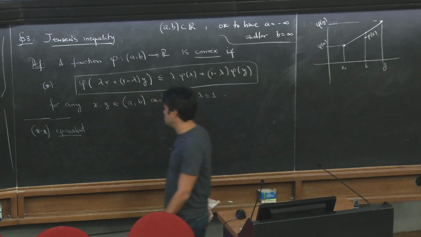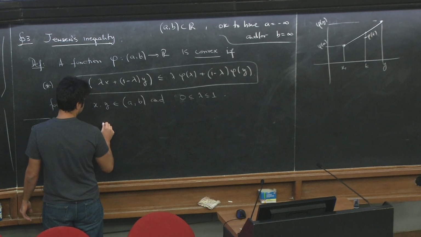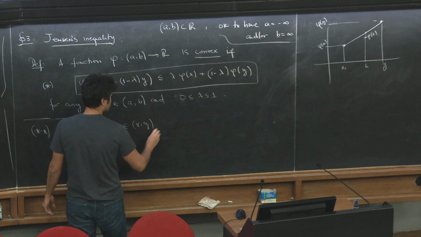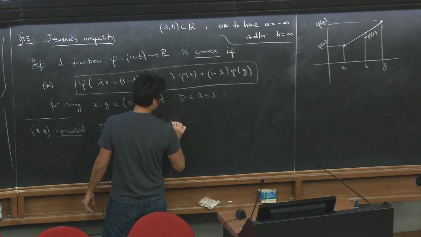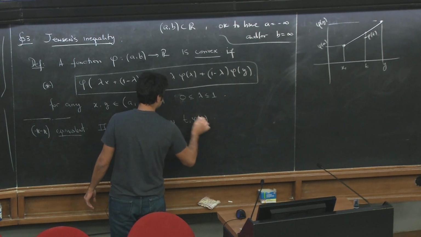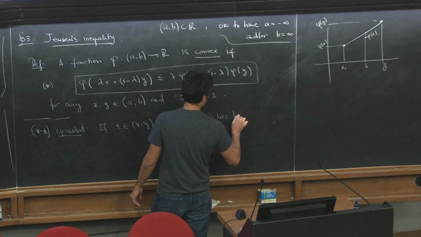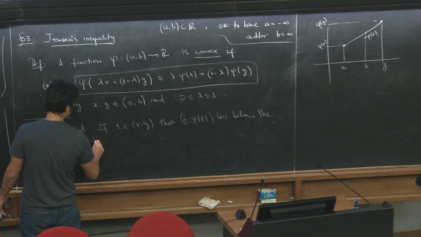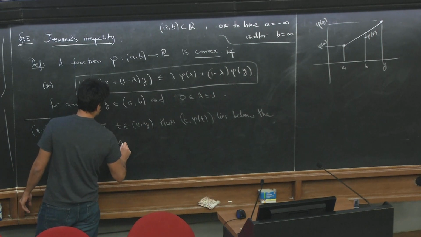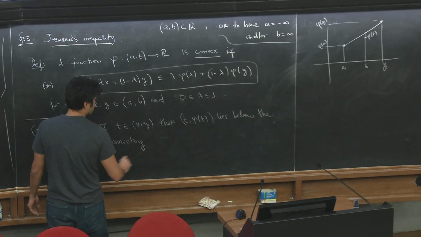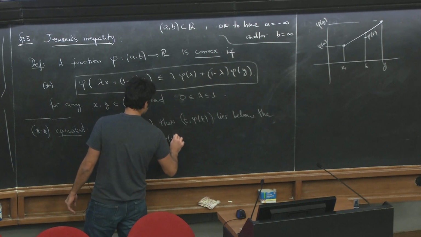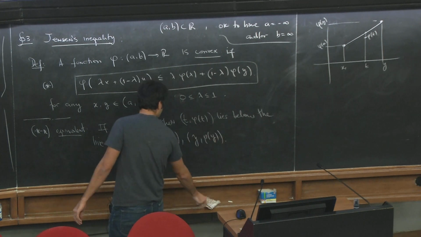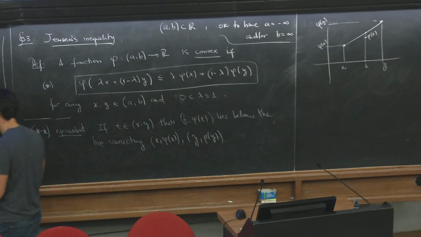So an equivalent way would be to say that, if t belongs to the interval (x, y), then the point (t, phi of t) lies below the line connecting the points (x, phi of x) and (y, phi of y). So this is equivalent to 1.